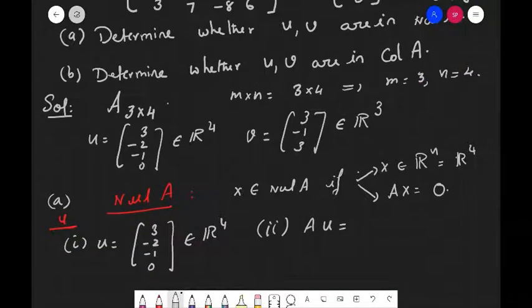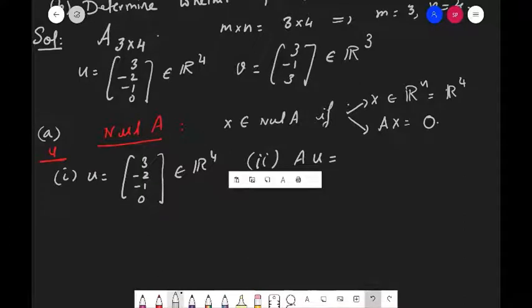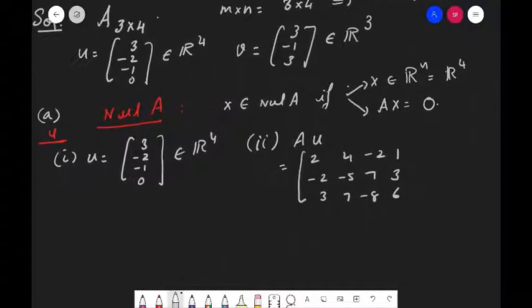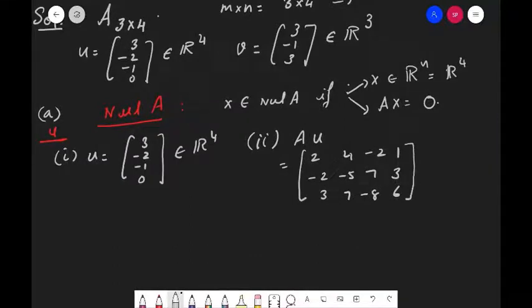I have the matrix, so let us write Au equal to the matrix [2 4 -2 1; -2 -5 7 3; 3 7 -8 6] multiplied by the vector u, which is (3, -2, -1, 0).